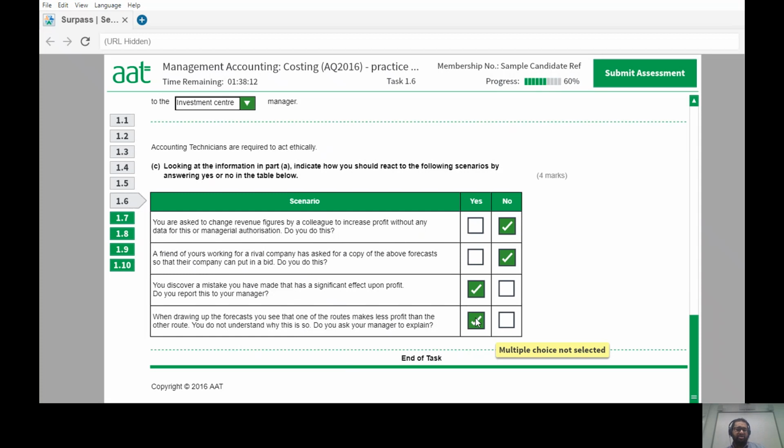Of course you can ask your manager to explain, because it's part of your training, and this is how you're going to learn. There's nothing suggesting otherwise. If the manager says they don't want to explain to you, maybe there are some underlying reasons for it, but on a normal practice, your manager will explain these answers to you. Okay. Let's move on to question number 7.